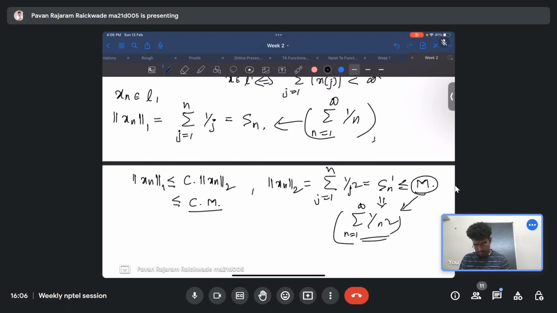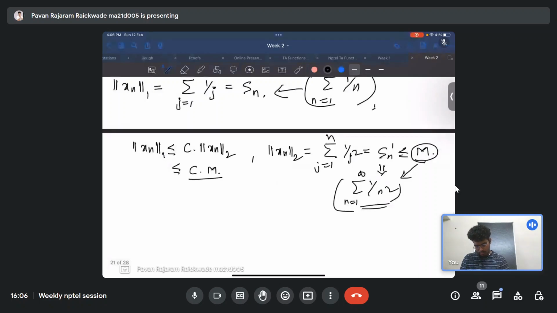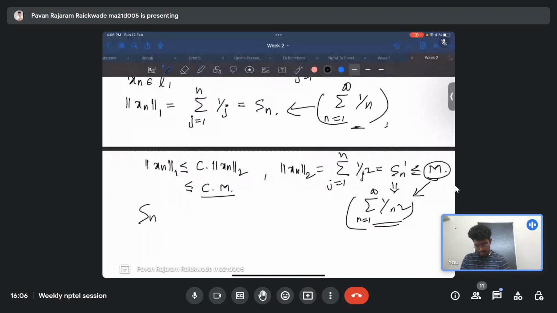Anyone have any doubts? No doubt. Okay. So what we got is, if you observe carefully, the sequence of partial sums of the series 1 by n is bounded, since C is a fixed constant and m is a fixed constant.